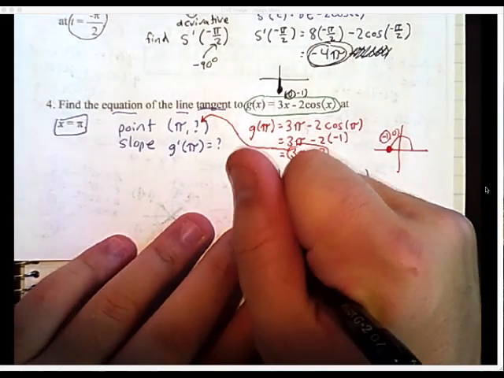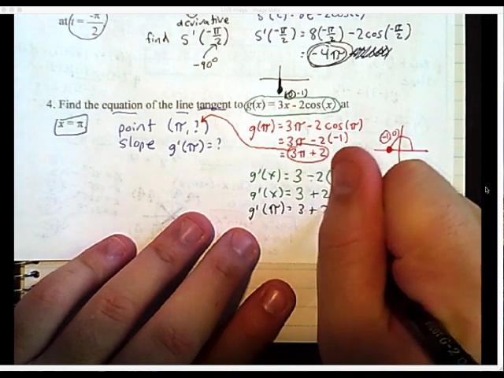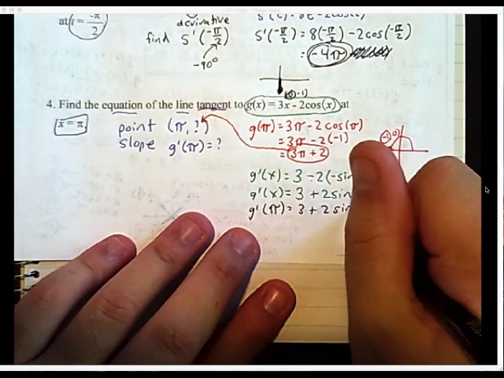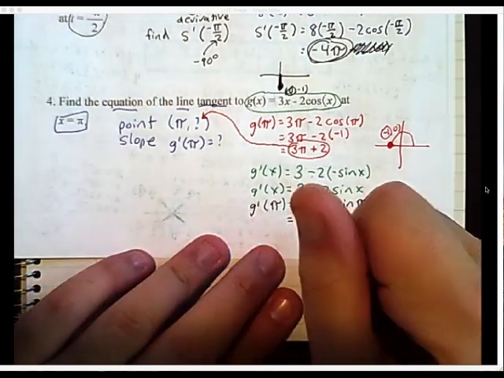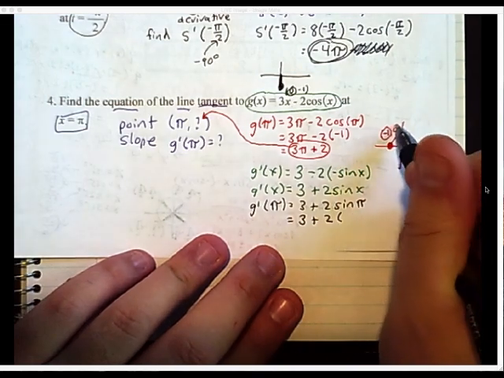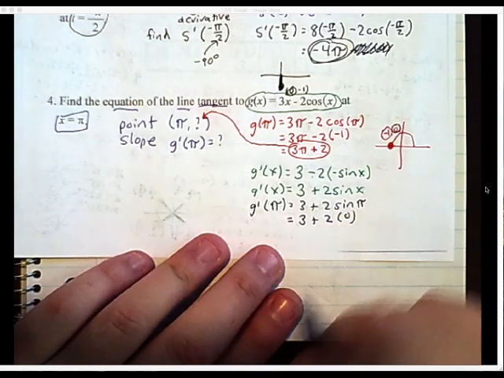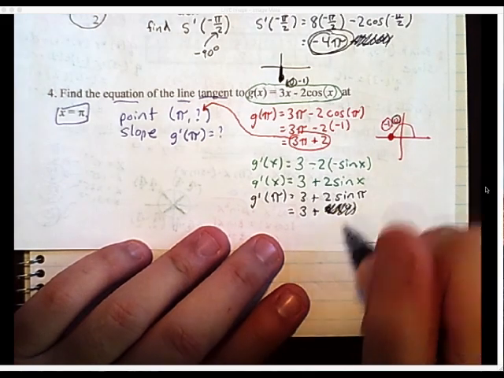Now let's figure out what g prime evaluated at pi is. So 3 plus 2 sine of pi. Well, here's pi radians, here's the sine value, it's 0. 2 times nothing, still nothing.